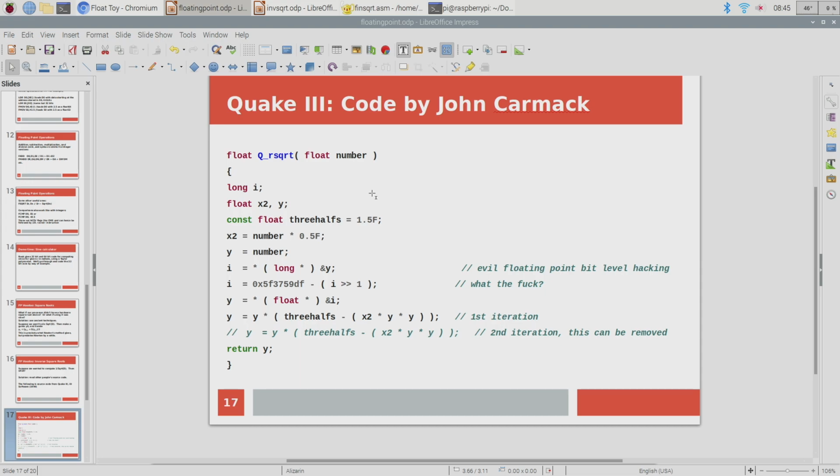Doesn't that make sense? Yeah, the comments make sense. Okay, so what I want to do is talk about how we would implement this in assembly. I mean, we've got the C code, we could always program that.